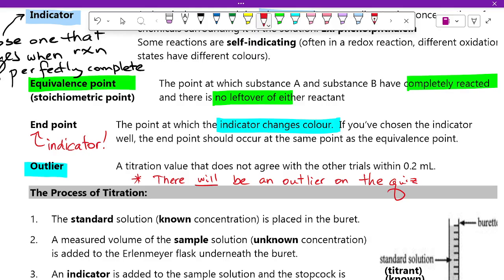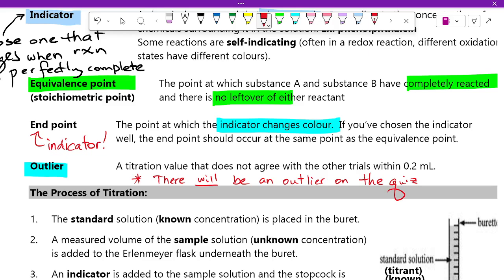It means that, ooh, we screwed up somewhere. Perhaps we forgot to add the indicator. There's all kinds of ways you could go wrong. You wrote a number down wrong. That happens, right? Or maybe you went over the endpoint, like it turned really, really bright pink.